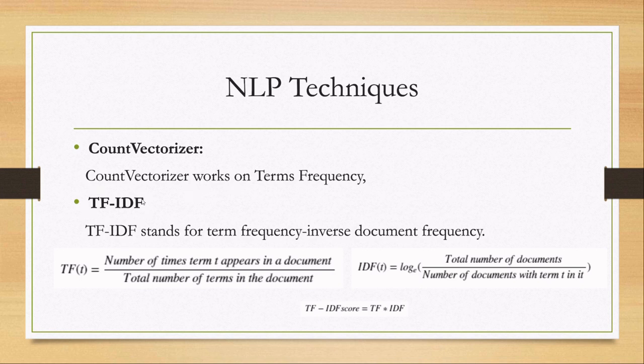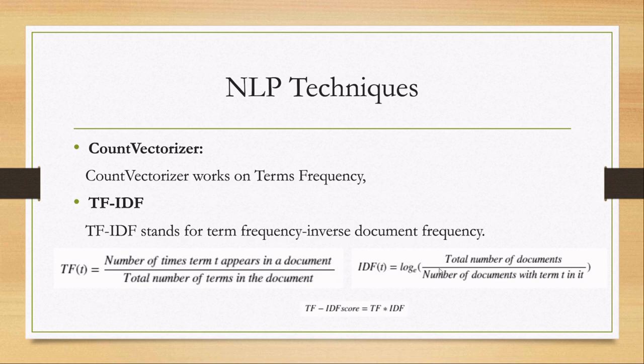The purpose of the TF-IDF approach is to rescale the frequency of a word by how often it appears in all documents. TF stands for term frequency, and it is equal to the number of times t appears in a document upon the total number of terms in the document. Inverse document frequency, IDF, is a scoring of how rare the word is across the documents.